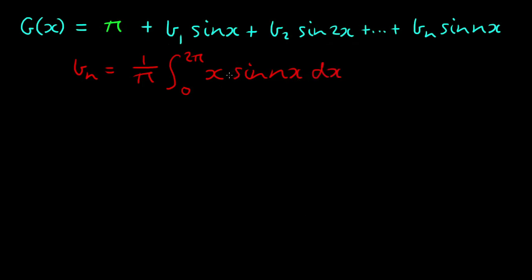So as an exercise, I'll let you evaluate this using integration by parts, as we did for the an terms, and that'll give you minus 2 on n. So b1 is minus 2 on 1, which is minus 2. b2 is minus 2 on 2, which is minus 1. And bn is minus 2 on n.